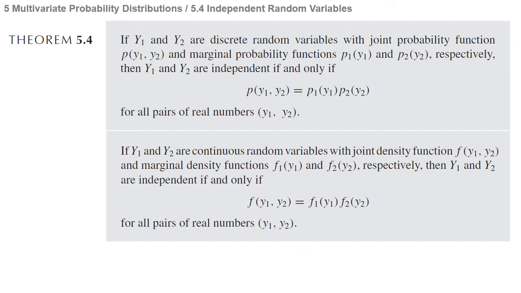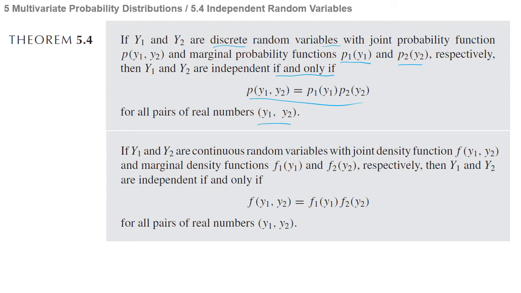And here comes theorem 5.4. If random variables Y1 and Y2 are discrete random variables with joint probability function p(y1, y2) and marginal probability functions p1(y1) and p2(y2) respectively, then Y1 and Y2 are independent if and only if this holds for all pairs of real numbers y1, y2.